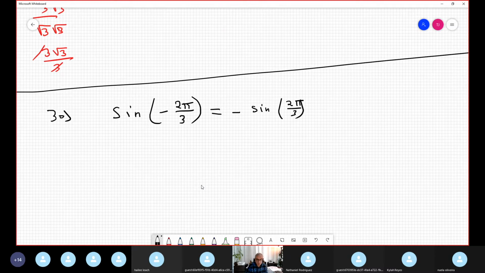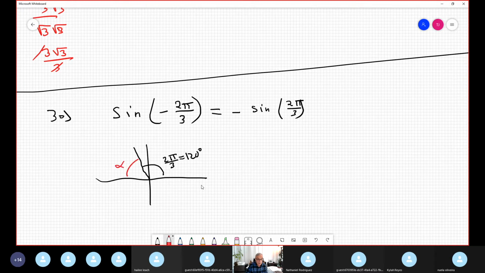Ajá, entonces 2 pi over 3 lies in the second quadrant, no? 2 pi over 3 is here. Okay, 2 pi over 3 is equivalent to 120 degrees. This is theta, and alpha is this guy, que es pi over 3.